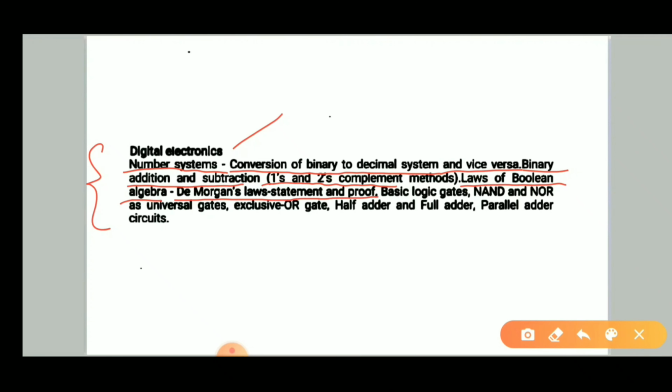And in my first class I have explained you basic logic gates and NAND and NOR as universal gates, exclusive OR gates, half adder and full adder. And now today I am going to explain the last topic, that is parallel adder circuits.